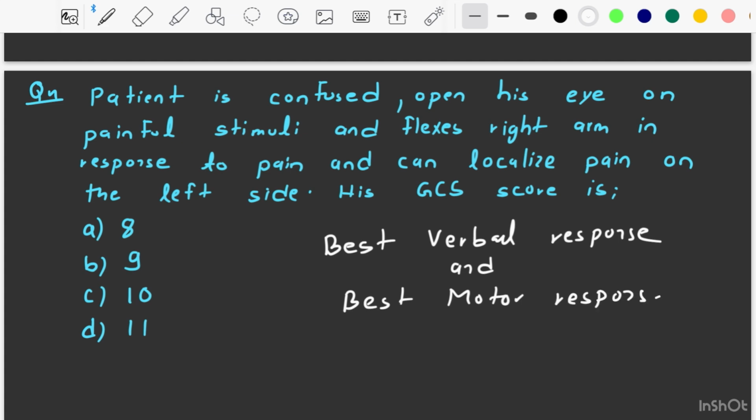So here in the motor parameter we have 2 things.